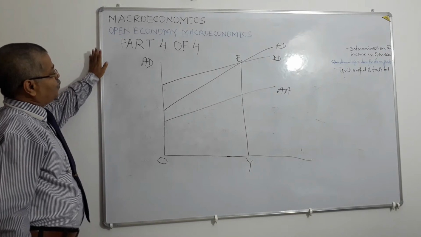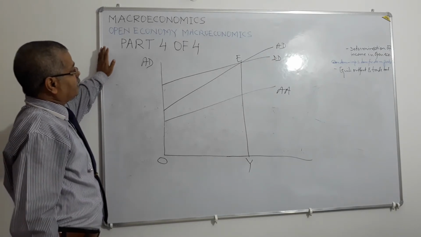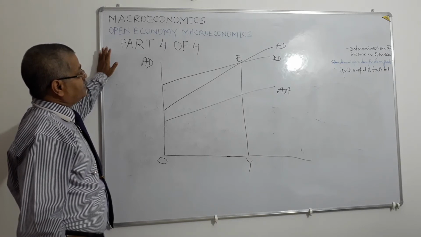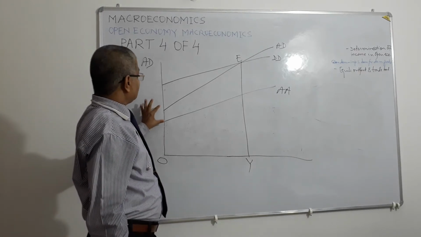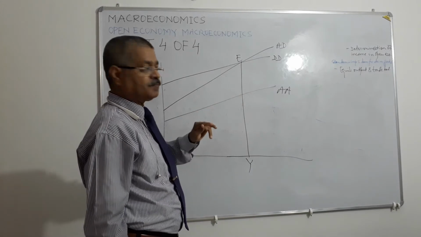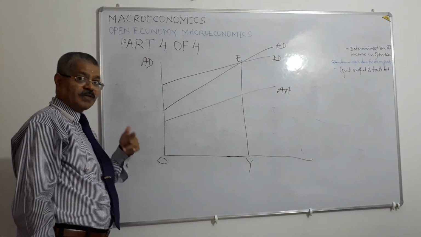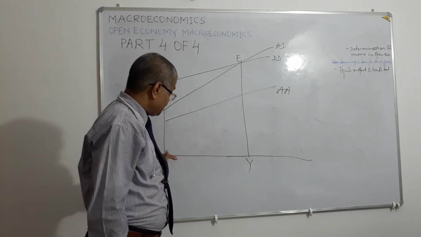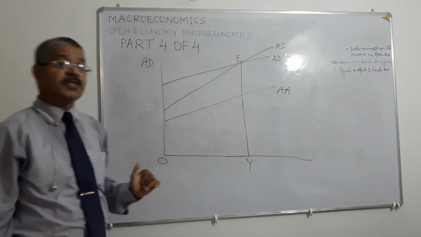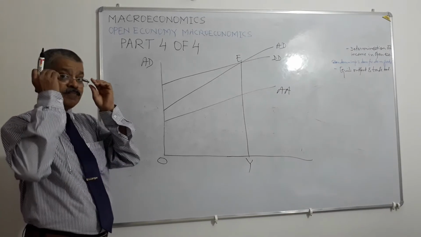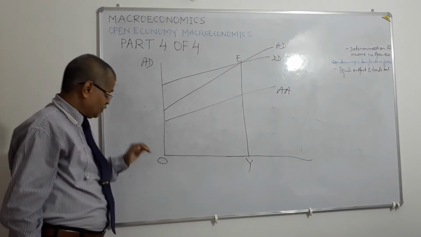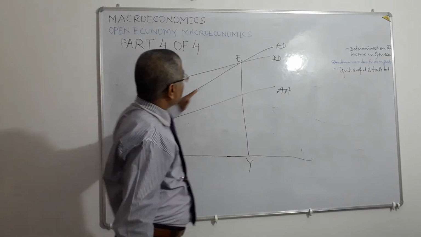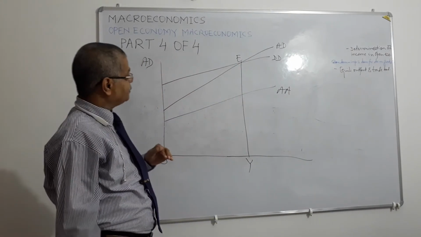AD includes imports, and as we have already discussed, imports are influenced by two things, domestic income and real exchange rate. So here as domestic income goes up, imports go up, right?